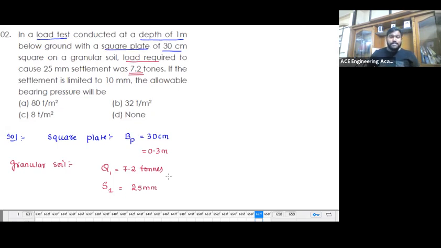If the settlement is limited to 10 mm, the allowable bearing pressure will be? If the settlement is limited to 10 mm, then what is the allowable pressure?